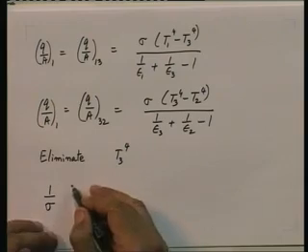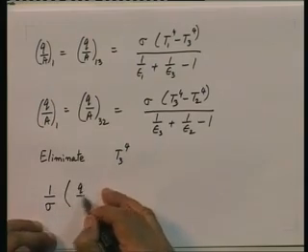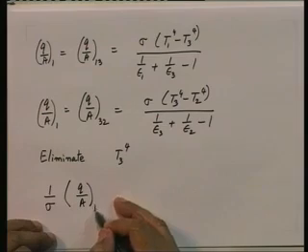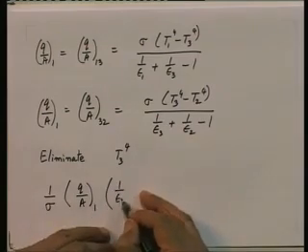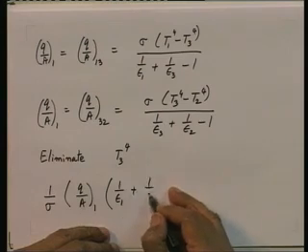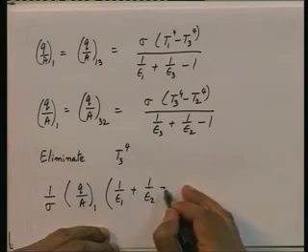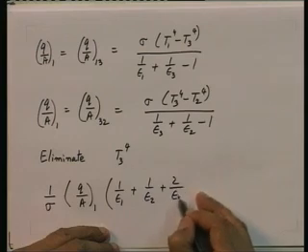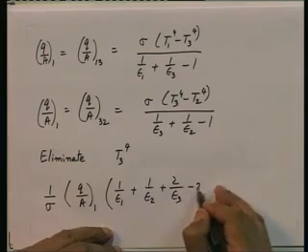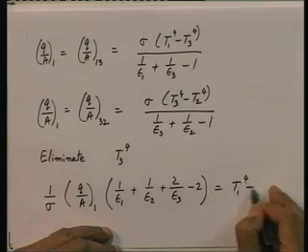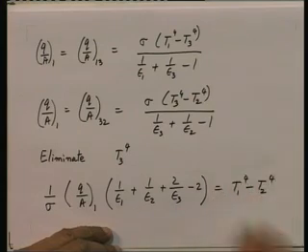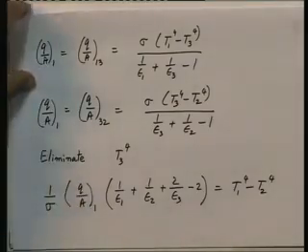you will get 1 upon sigma q by a 1 into 1 by epsilon 1 plus 1 by epsilon 2 plus 2 by epsilon 3 minus 2 is equal to T 1 to the power of 4 minus T 2 to the power of 4. That is what you will get.